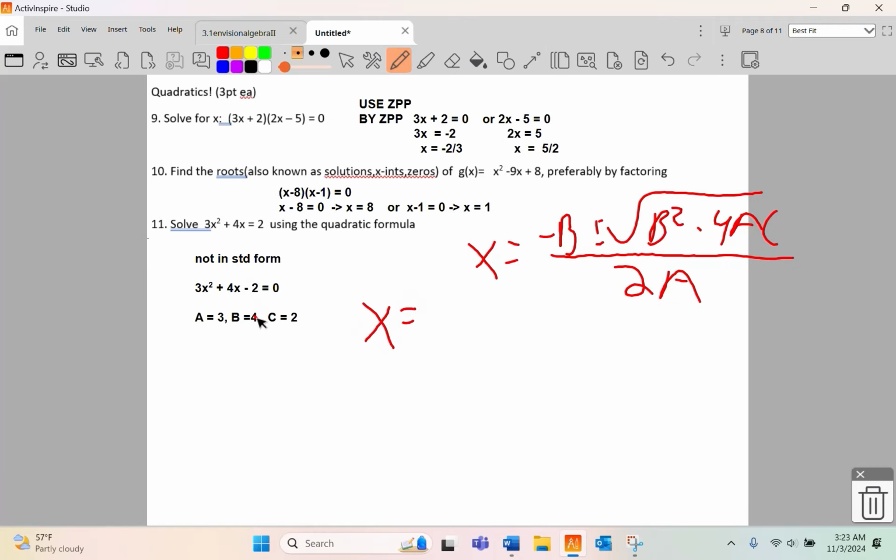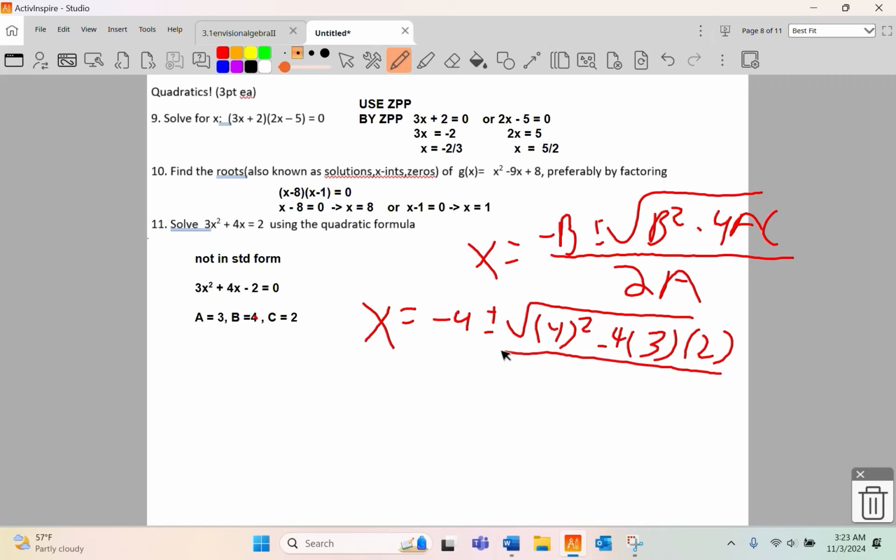Opposite of a positive 4 is a negative 4, plus or minus the square root, with parentheses if you're a button pusher, of 4 squared minus 4ac. a is 3, c is 2. It's all sitting pretty over twice 3.